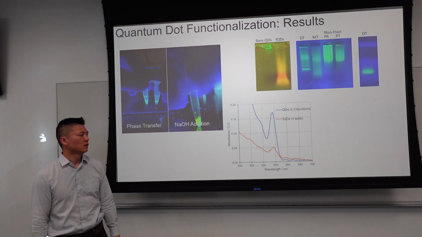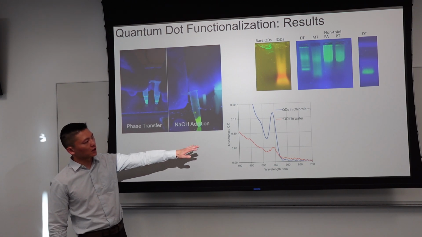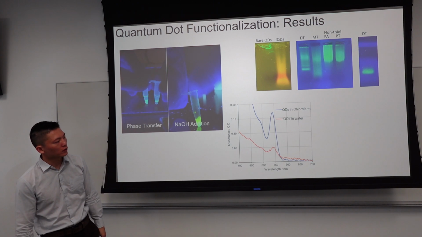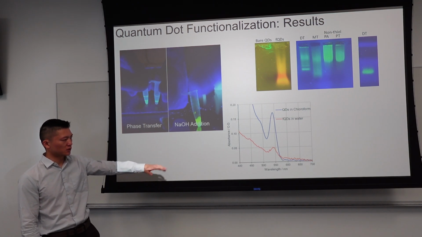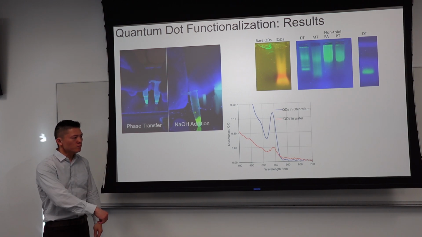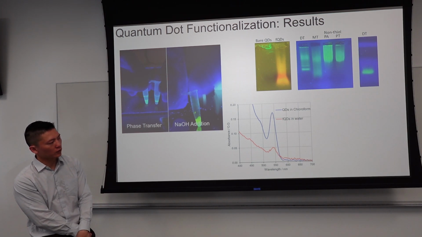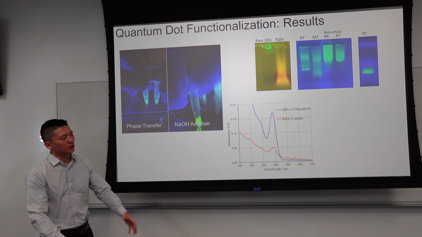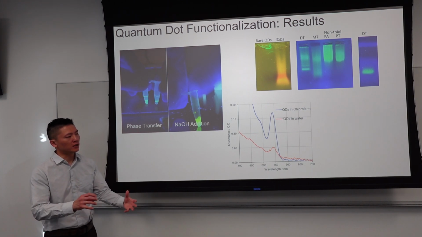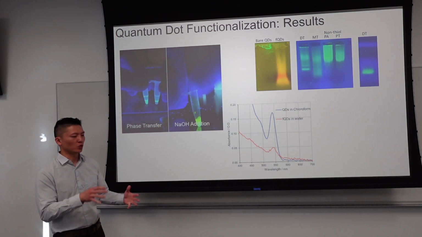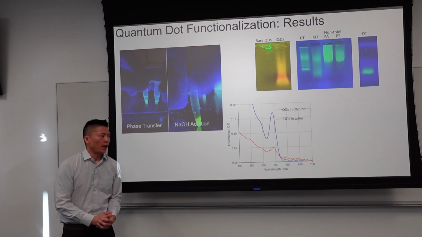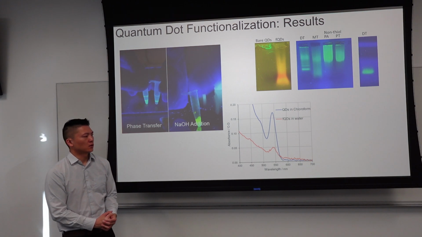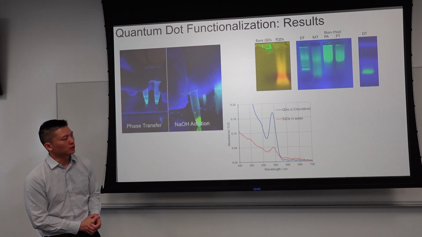Some other data. The functionalized quantum dots in water, shown in orange here. It does show that there's some disturbances. Not sure why that is, of course, either. Obviously, we're putting new ligands onto the surface of a quantum dot, so we're disrupting that surface. We may even be etching that surface, and so we do expect some changes in their optical properties.